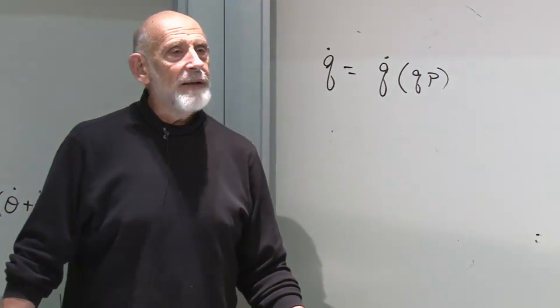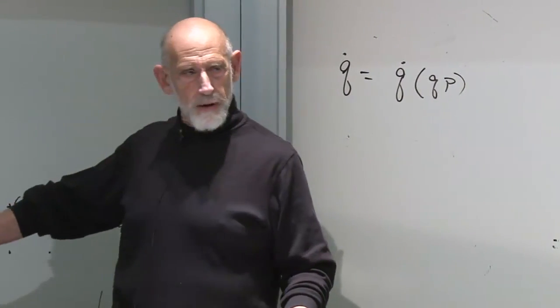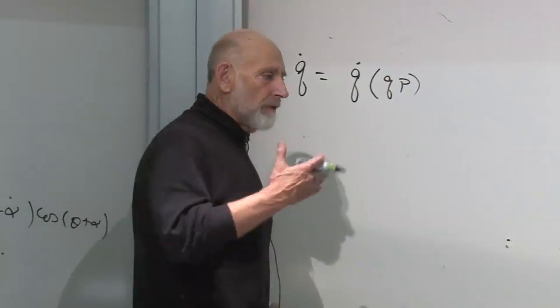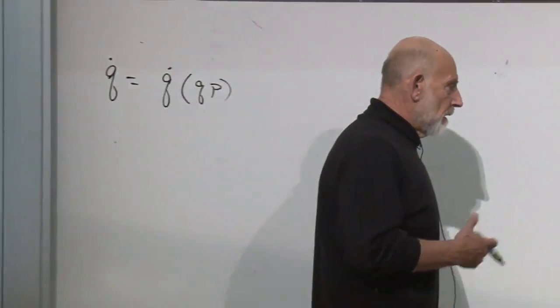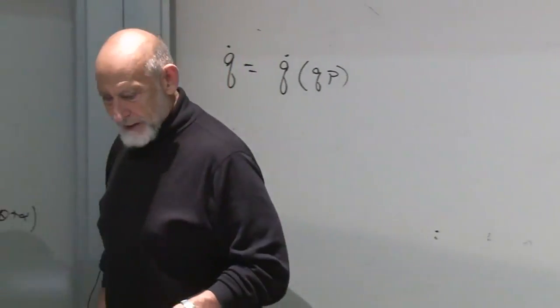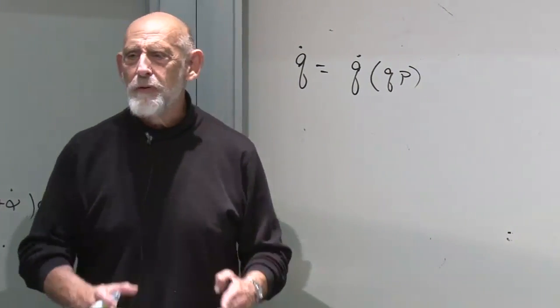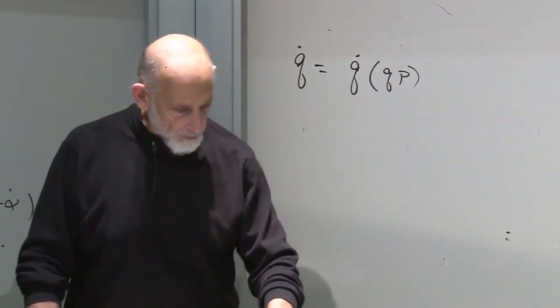And we're going to find that there's a symmetry between the q's and the p's. Not the kind of symmetry we've talked about up till now, but a kind of equality between them. That does not mean that p is equal to q. It means they're sort of on the same footing in the Hamiltonian formulation.